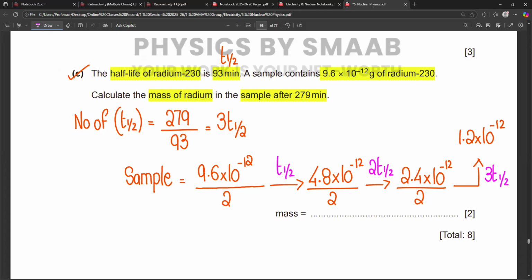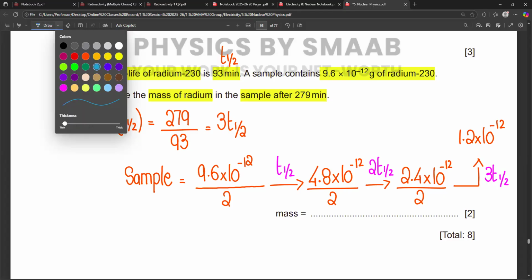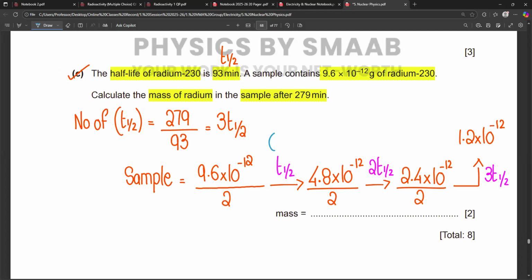Because we have 93 minutes of half-life, the first half-life takes place in 93 minutes. Then 93 plus 93 equals 186. So after the second half-life, we got a total of 186 minutes, and finally 279.